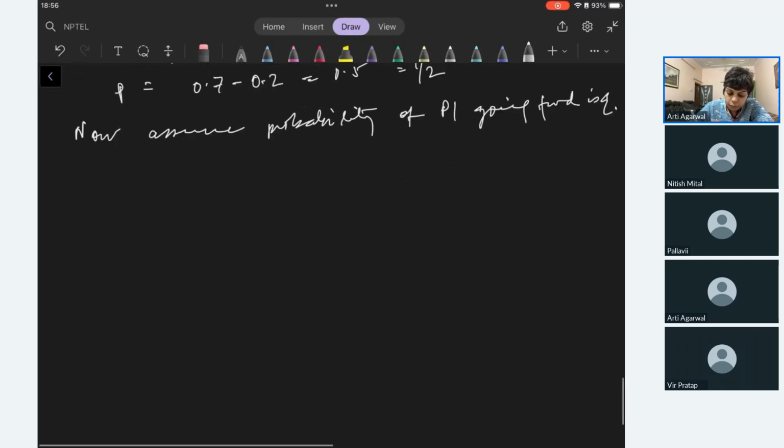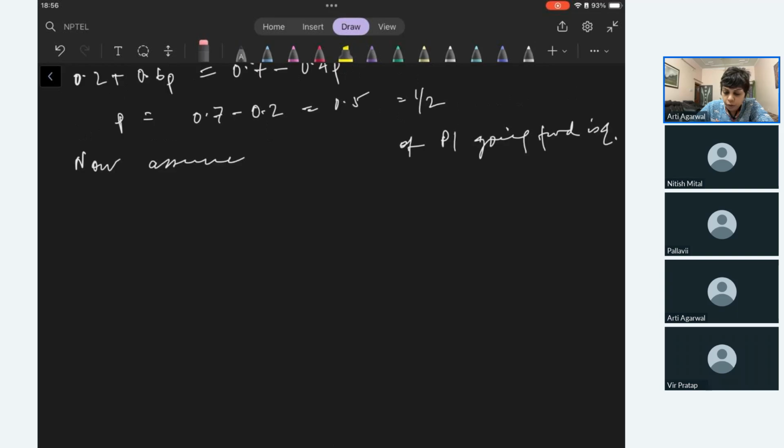Belief, or instead of probability, because probability is not accepted as a technical term in these situations. So I'm just writing belief, which is the correct term here. Assume that the belief of P2 about P1 going forward is Q.